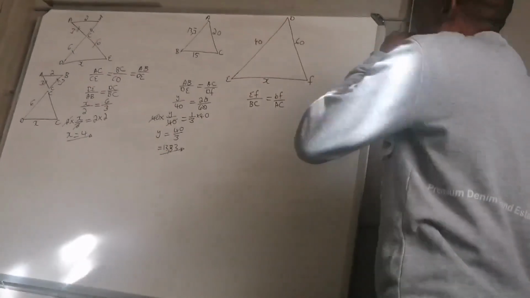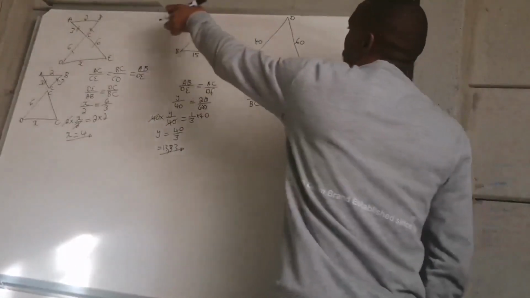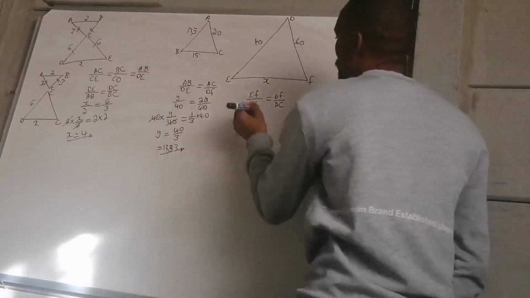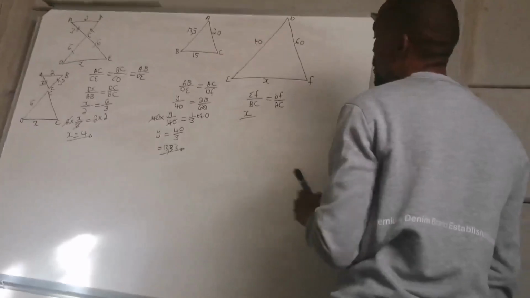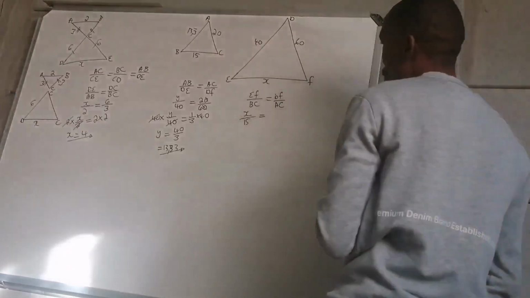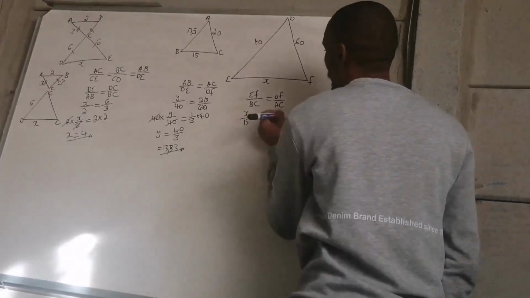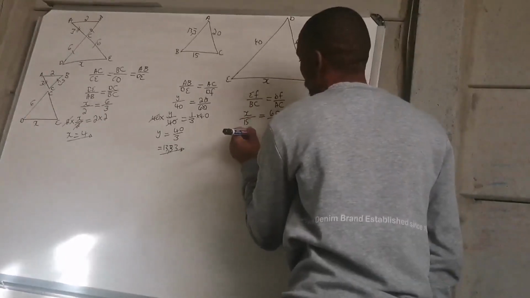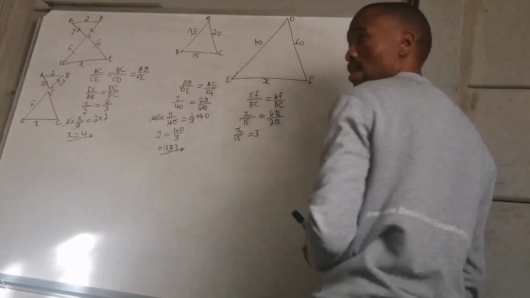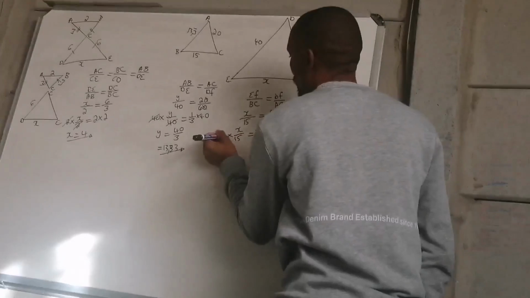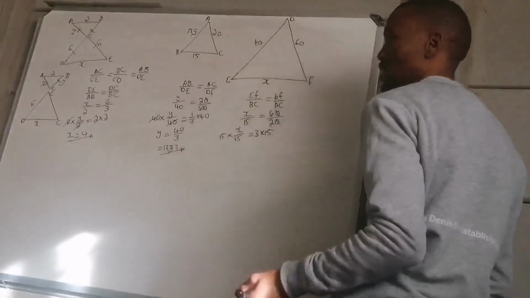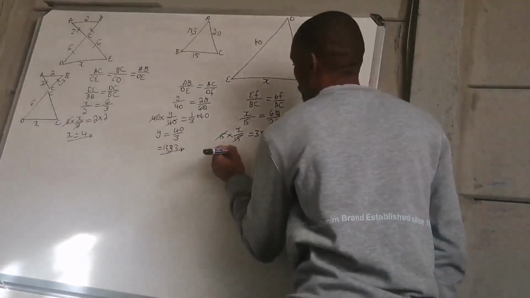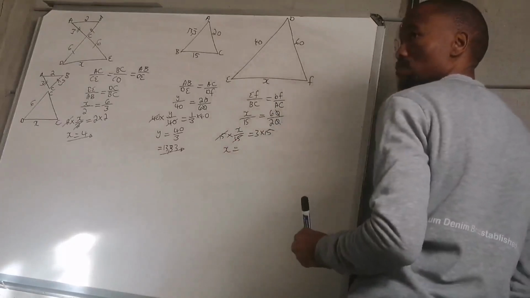EF is X, BC is 15, DF is 60, AC is 20. X divided by 15 equals 3. I can multiply both sides by 15 because I want to get rid of the denominator. This into this goes once, 1 times X is X, 3 times 15 is 45.